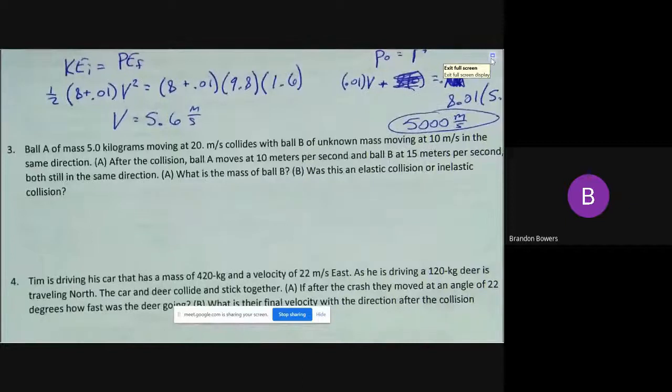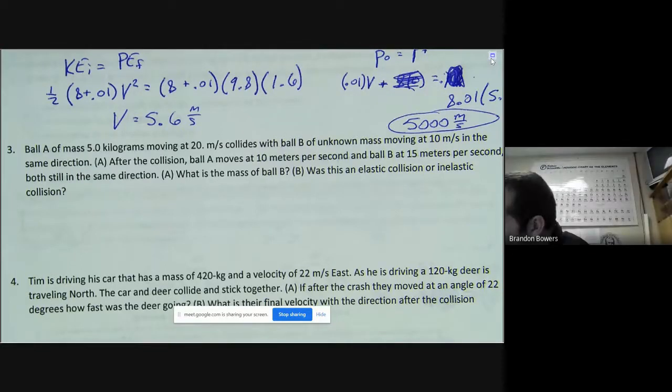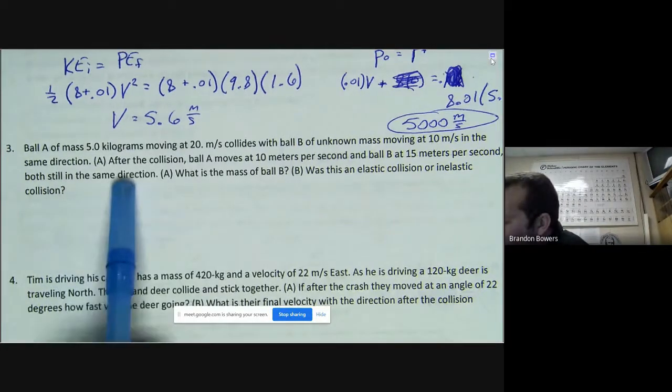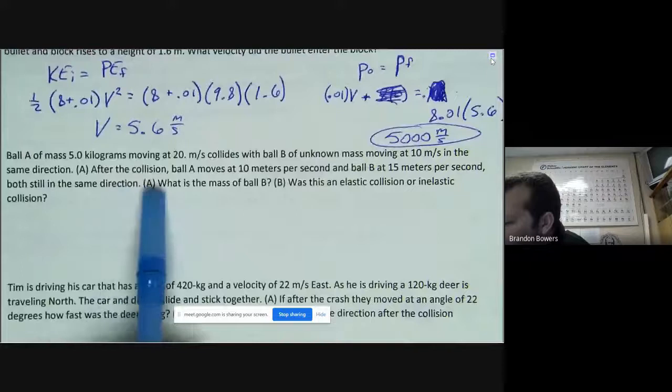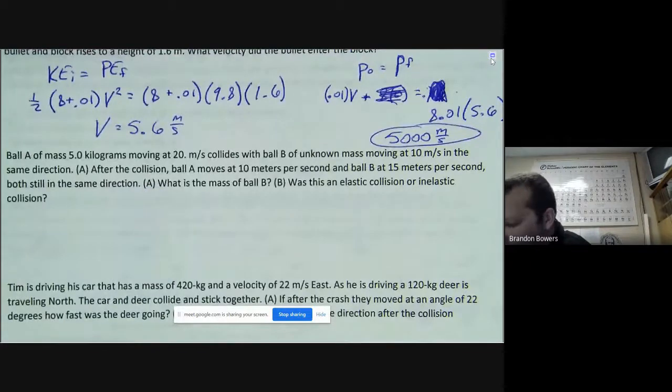Okay, so number 3, if we read it: ball A of mass 5 kilograms moving at 20 meters per second collides with ball B of unknown mass in the same direction.